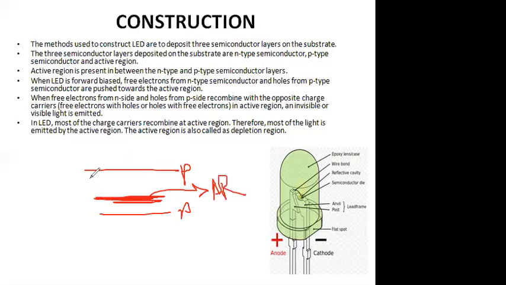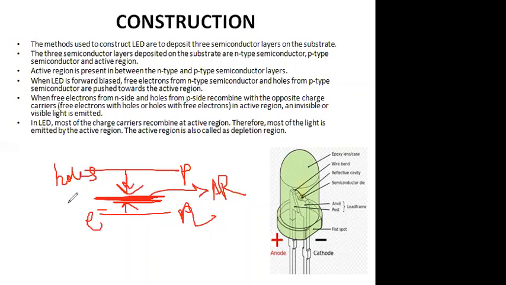When the LED is forward biased, the free electrons from the N-type semiconductor and holes from the P-type semiconductor are pushed towards the active region. From P there are a number of holes, and in N-type there are a number of electrons. So when the LED is forward biased, the holes are pushed toward the active region from the P layer, and the electrons are pushed toward the active region from the N layer.